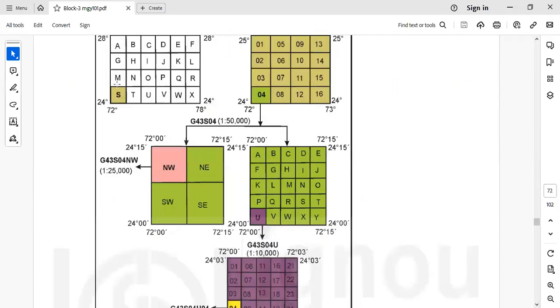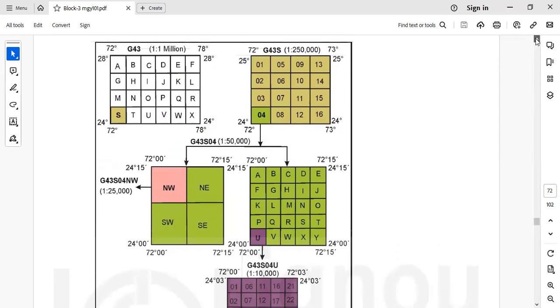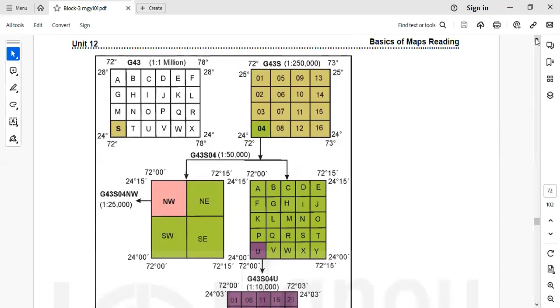And if you have the value of the latitude and longitude, then you can determine the number of a particular topographical map. And now the topographical maps are available at different scales.